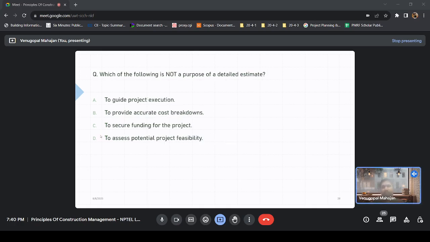So what are the secondary purposes? Which of the following is not a purpose of a detailed estimate? Option D. Assess the potential project feasibility. Okay, you tell me, does it help you to secure funding for the project?